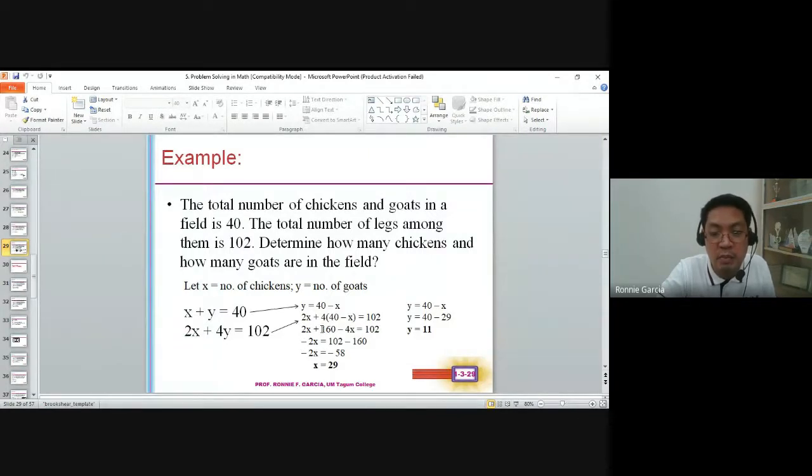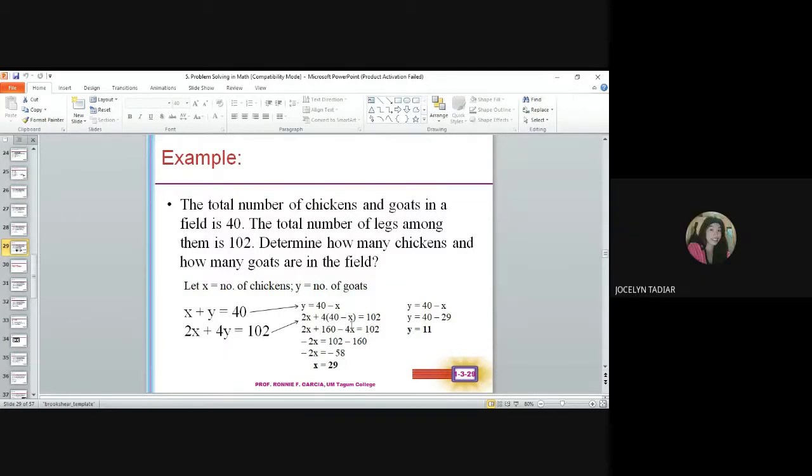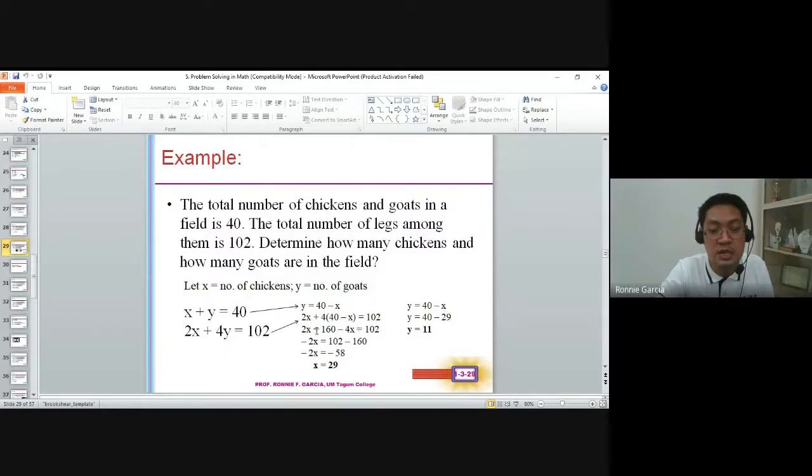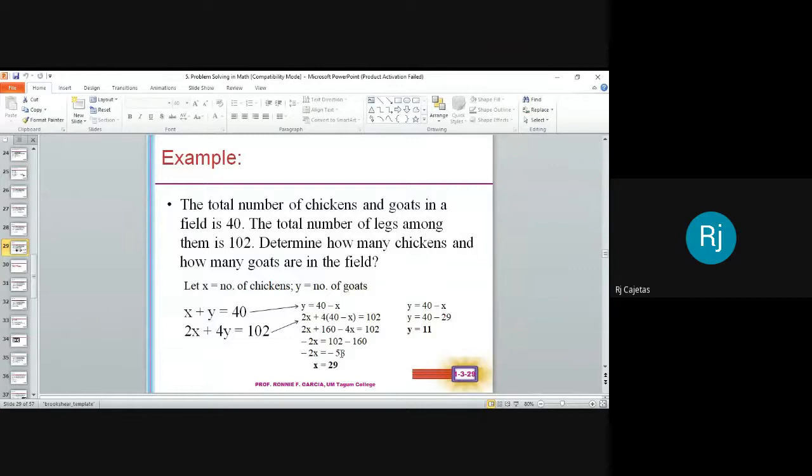Aha siya pwede mag-combine sa 102. So pwede siya mo cross against equal sign, mo transpose siya. So positive 160 diri, mahimo siya negative 160 sa pikas. So na kay negative 2x ang nabilin diri sa left side. Sa other side sa equation, na kay 102 minus 160. So what is 102 minus 160? Negative 58, sir. Negative 58.